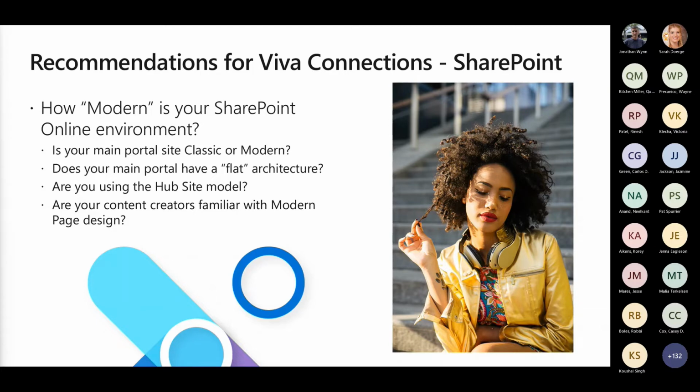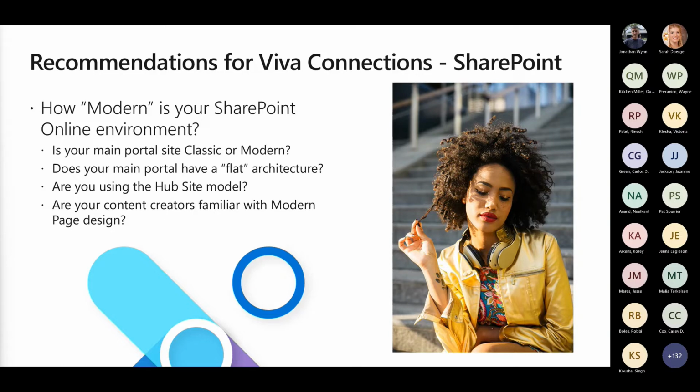And again, everybody's going to be at a different stage at this point. So we'll talk about these a little bit in depth as well, with some tools that can help you with this. But I really want us to think about how modern is your SharePoint Online environment? And what do we mean by that? So these are some other questions that we have out there. Do you have a main portal site, and is that in classic or modern?